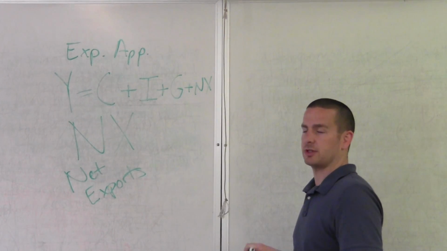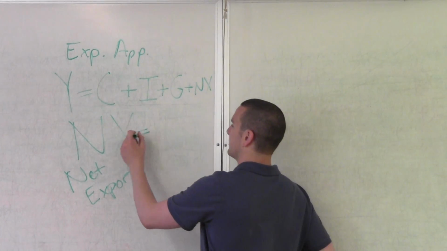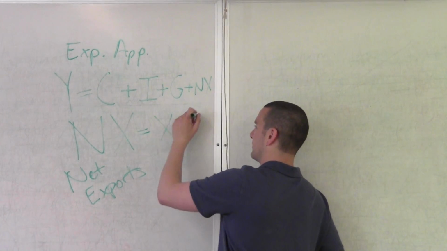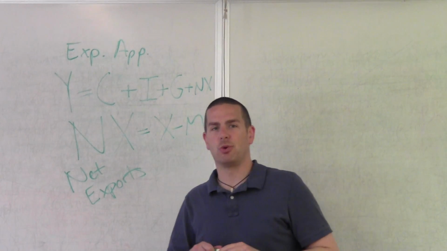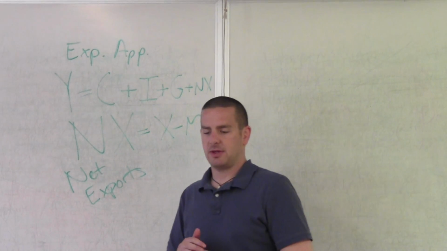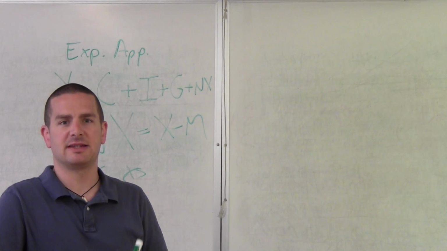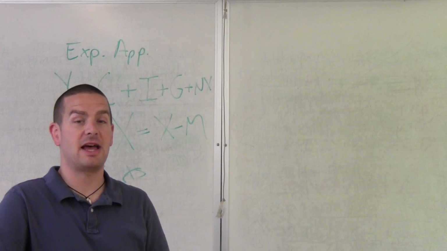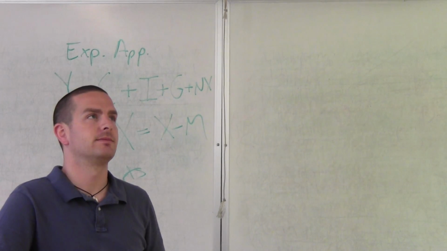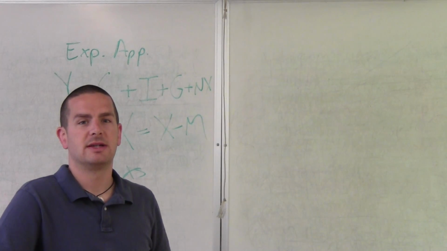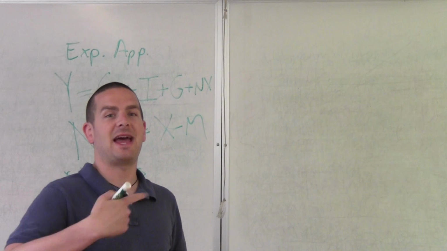Net exports is simply exports minus imports. An export is the things that American companies sell to the rest of the world. When Coca-Cola sells some cans of Coke to Colombia, that's an export.